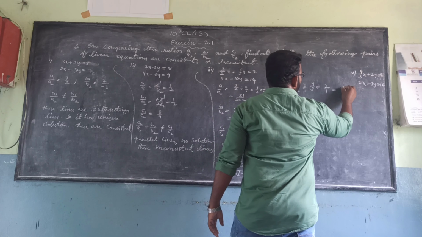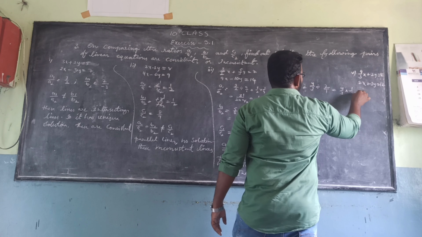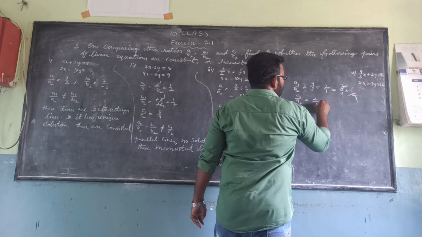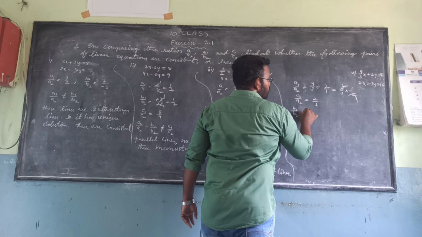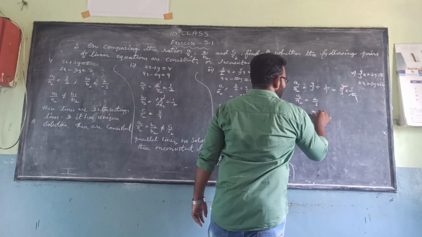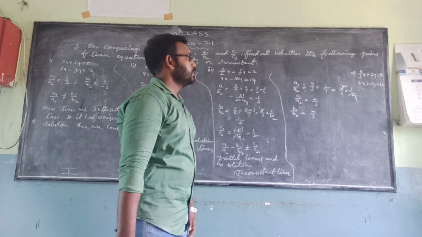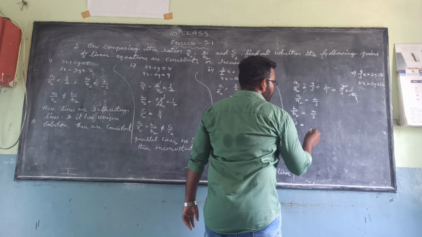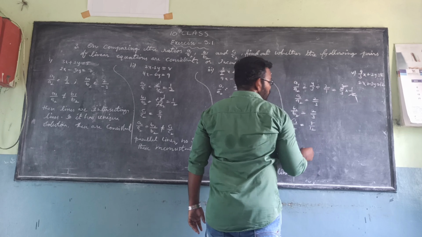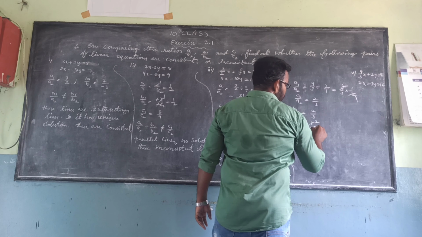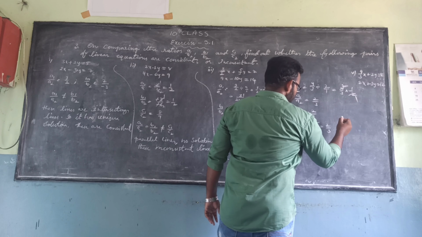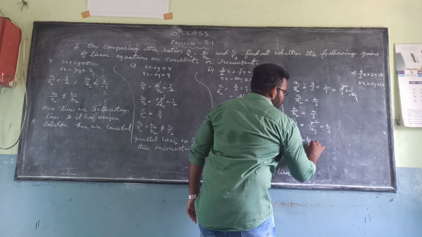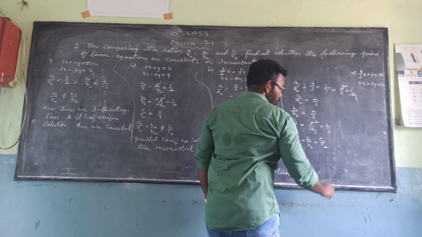That means 4 by 3 into 1 by 2, so a1 by a2 is equal to 2 by 3. b1 by b2, already given, b1 is 2 and b2 is 3, so the same answer. Now c1 by c2 is equal to 8 by 12. 4 2s are 8, 4 3s are 12. So you get the same 2 by 3. So a1 by a2 is equal to b1 by b2 is equal to c1 by c2.